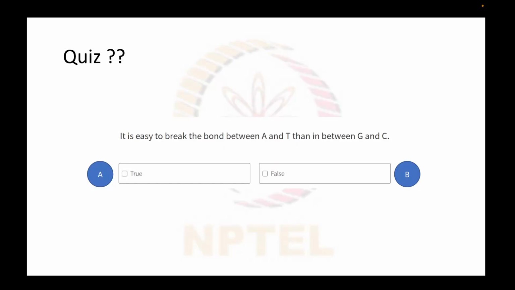Why not G and C? Okay, understand, the answer is true. Yes. G and C bond is formed by 3 hydrogen bonds, and A and T has 2, so it is easier to break A and T than G and C.